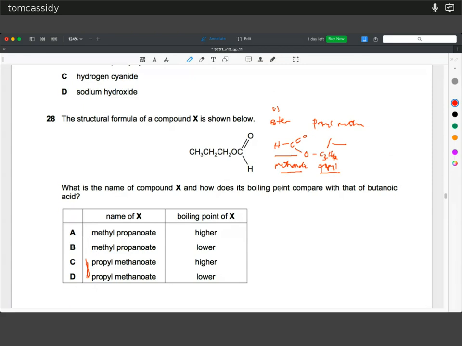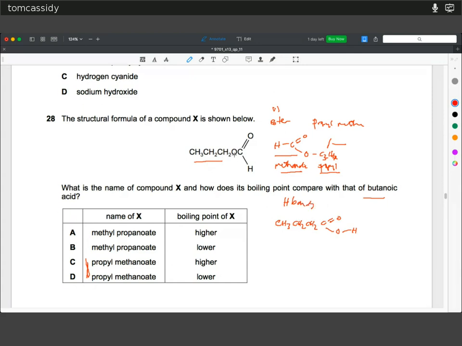And the other thing they want you to do is compare the boiling point of this propyl methanoate with butanoic acid. Now, butanoic acid is 4 carbons. It's but, isn't it? And you've got that carboxylic acid on the end. And what you're looking out for here is that because you've got a hydrogen linked to an oxygen, then you can get hydrogen bonding.